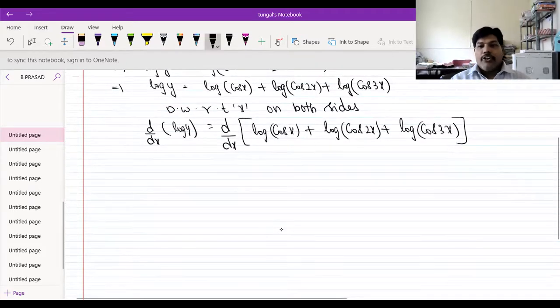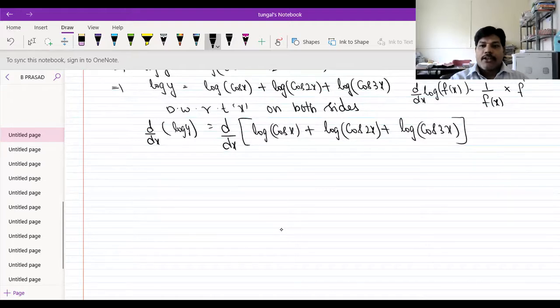Differentiate this function here, what will we get? Already we know the important formula. What is the derivative of log f of x, students? The derivative of log f of x is nothing but 1 by f of x into f dash of x.